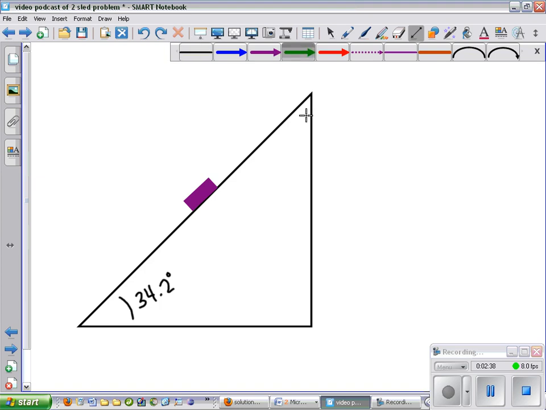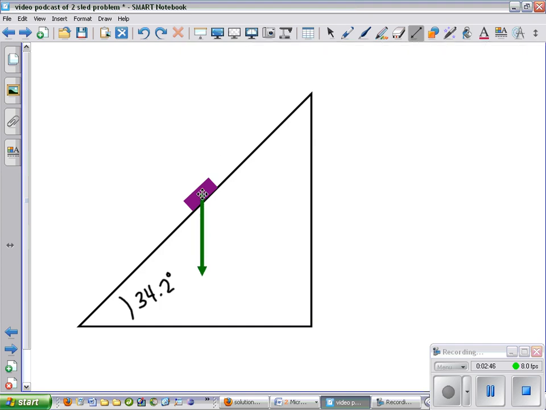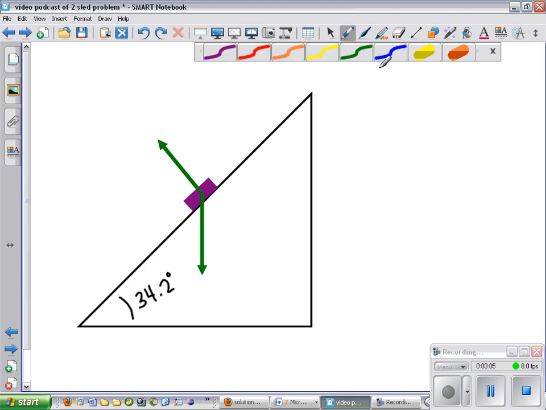In the problem, it did say that this is a frictionless incline, so I'm going to draw my force of gravity. All situations always have a force of gravity. I started at the center of my object and went in the direction of the force, which is down for gravity, and it is resting on a surface, so I'm also going to have a support force or normal force going up.